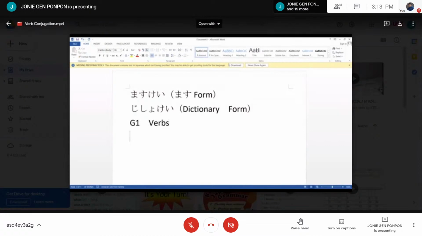As we know, group 1 verbs are masu-form verbs whose root word ends in an I sound.